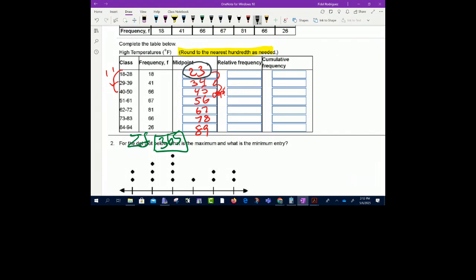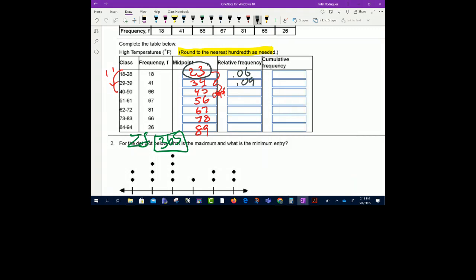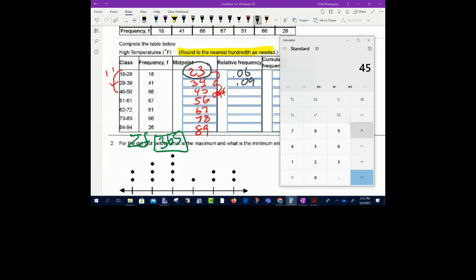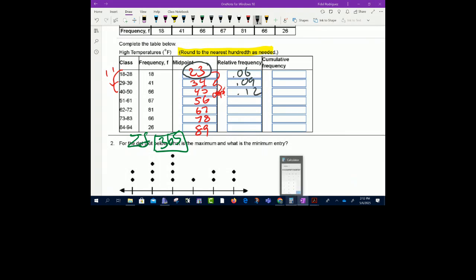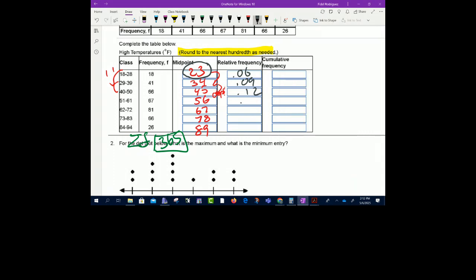Still got my highlighter on. 0.06. Okay, and then let's try the next one. 34 divided by 365. 0.09. And then we're going to just keep playing this game, y'all. 0.12. 56 divided by 365. 0.15.